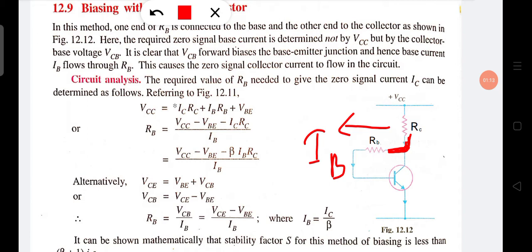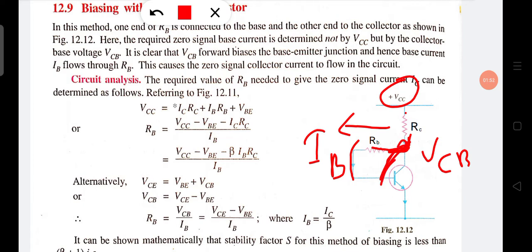So this IB, the non-zero value of required zero signal base current, is determined not by the VCC but by the collector base voltage, VCB. In the previous method, IB is decided by the VCC, but here IB is decided by the VCB, the collector base junction voltage.